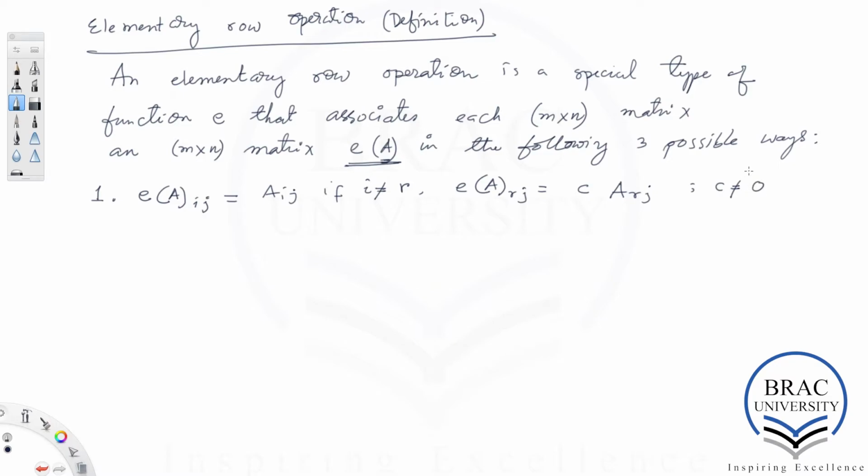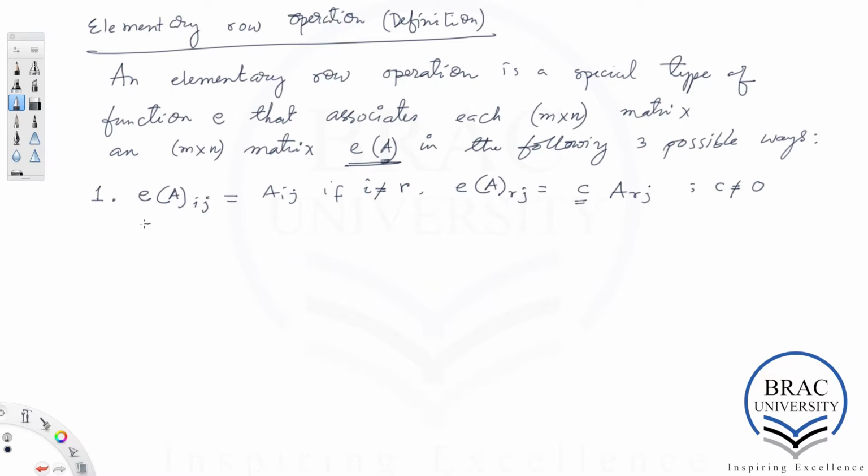So it tells us that we were given an m times n matrix, and there was a given row of that matrix, and the elementary row operation was actually to multiply all the entries in that row with this non-zero scalar c.